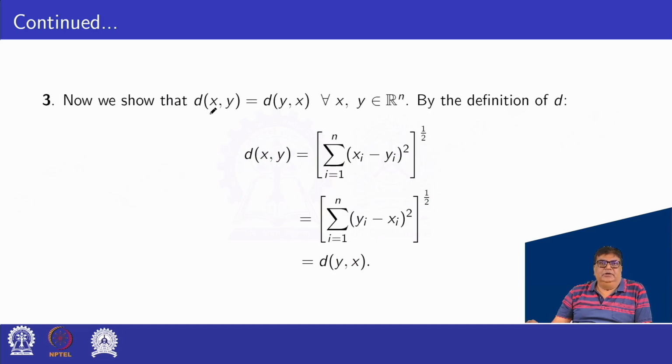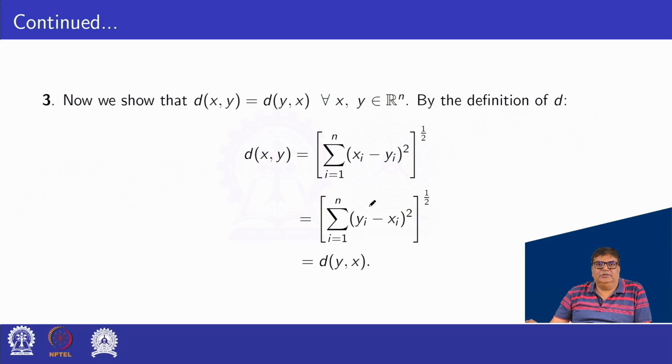Third condition: d(x,y) = d(y,x) for all x, y belonging to Rn. By the definition of d(x,y), this is a square term, so we can write it as (yi - xi)^2.